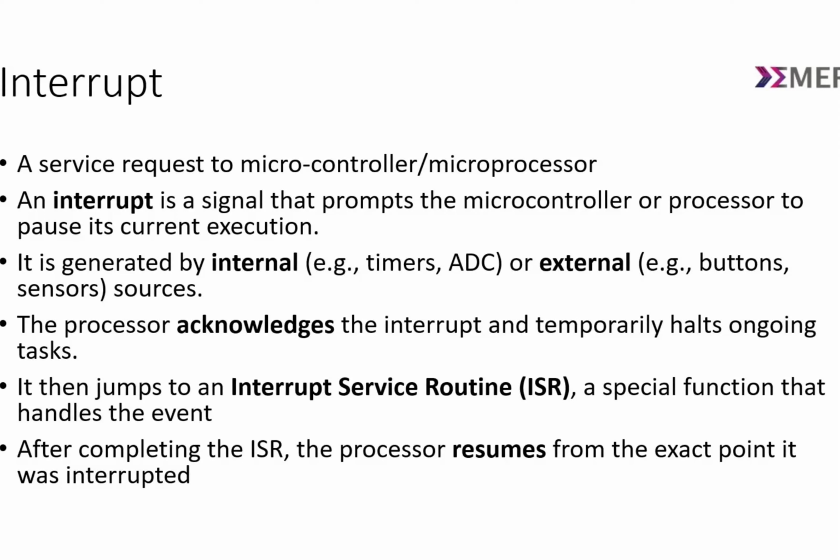An interrupt occurred. So the interrupt will stop the current execution. The processor will acknowledge it and then jump to the interrupt and process it through an ISR, that is interrupt service routine. After completing it, it will resume the current process.